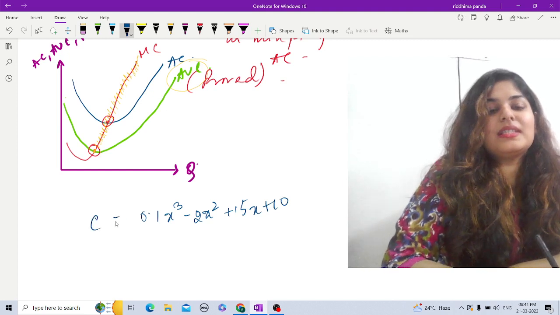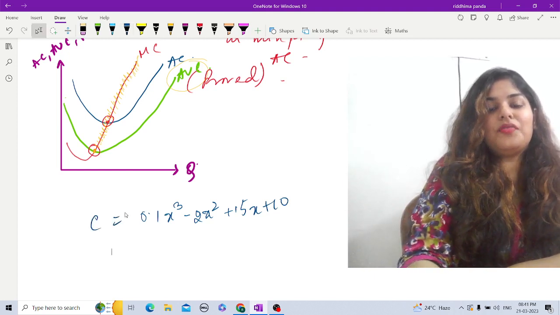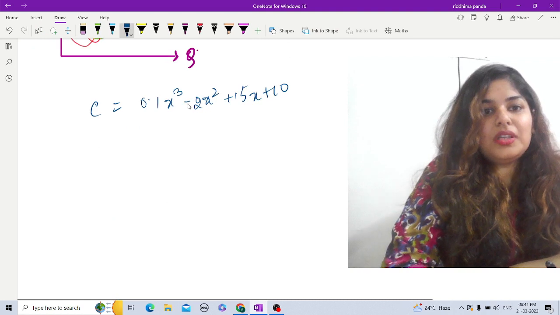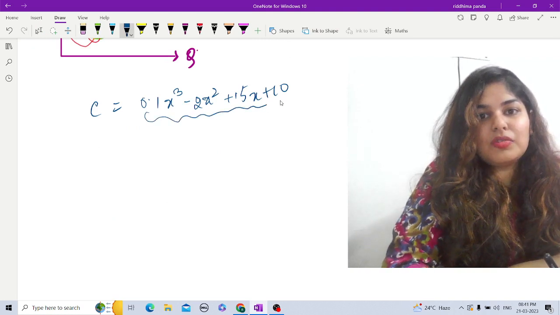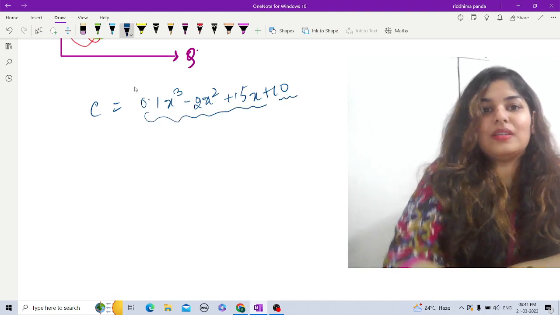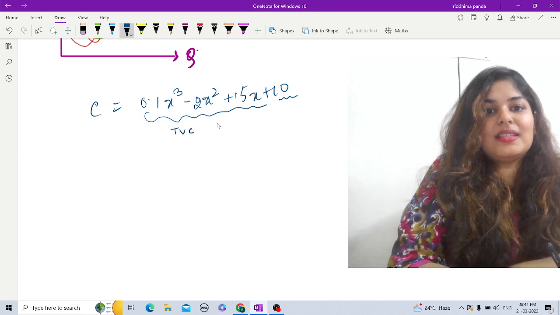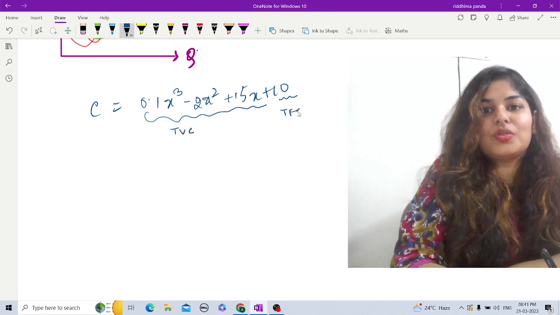So this is our cost function, right? Now from this we know that total variable cost depends on output, whereas fixed cost is independent. So from here I can say this is the total variable cost and this is the total fixed cost.